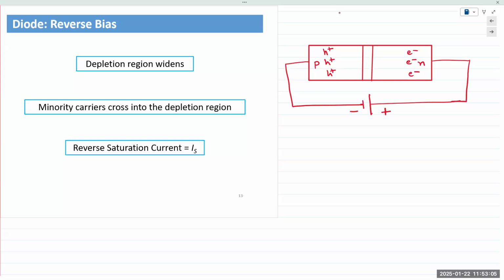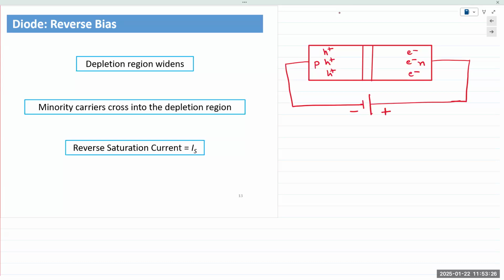So you could potentially apply 3 volts on the p side and 10 volts on the n side, both positive voltages, but it will still be reverse bias because the n side is higher in electric potential than the p type. Okay, that's what reverse bias means.